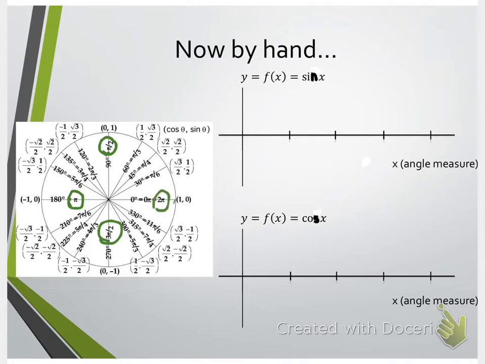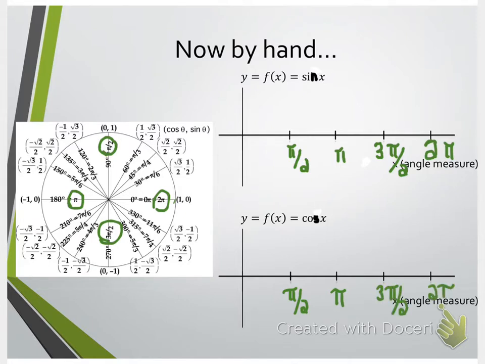This is going to be pi over 2. This is going to be pi. This is going to be 3 pi over 2. And this is going to be 2 pi. I'm going to go ahead and put it down here as well for when we do the cosine function.